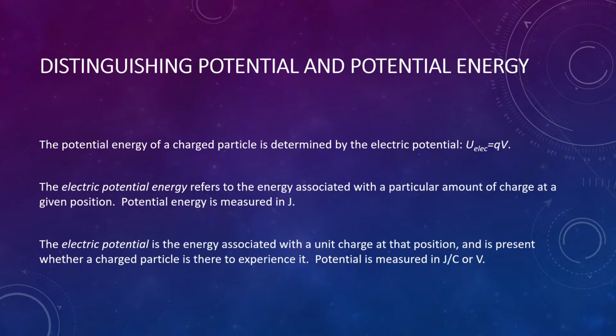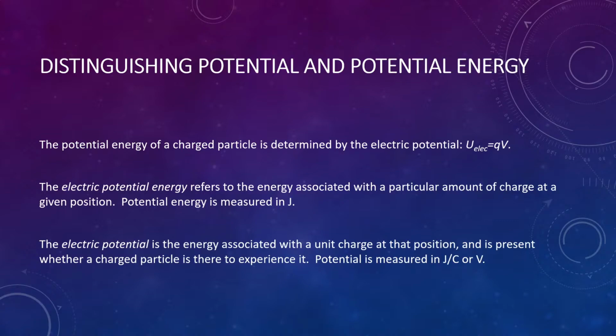There is a very close similarity between the two, but they are different. We say that the electric potential energy refers to the energy associated with a particular amount of charge at some position, and we measure energy in joules.